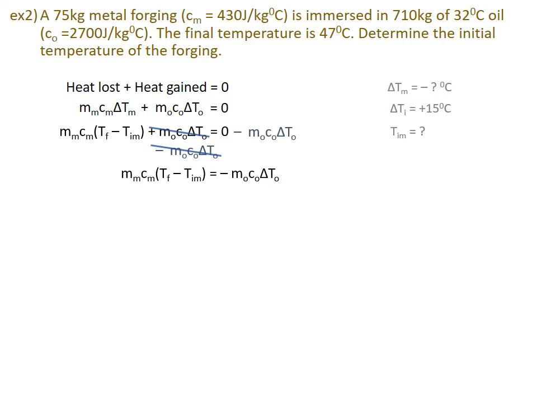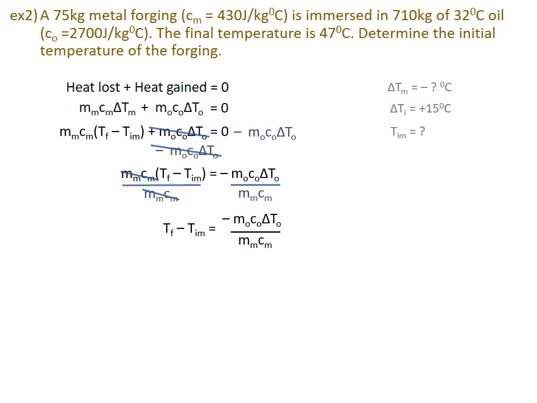Now, before I get into the brackets, I'm going to have to get rid of the stuff that's outside of the brackets, which is MMCM. So I divide both sides by MMCM. On the left-hand side, that will factor out, and I now have TF subtract Tim equals all that stuff on the right-hand side.